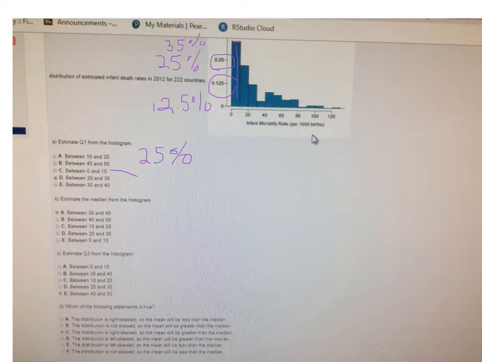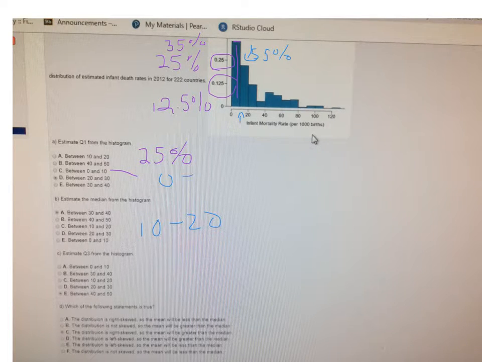So if you add those together so far, I'd say we've got about 55 to 60% of our data represented in those first two bars of our histogram. So our median definitely is going to fall in that second bar, and that second bar represents 10 to 20. And so you want to choose 10 to 20 there for B, okay, and then 10 to 20.